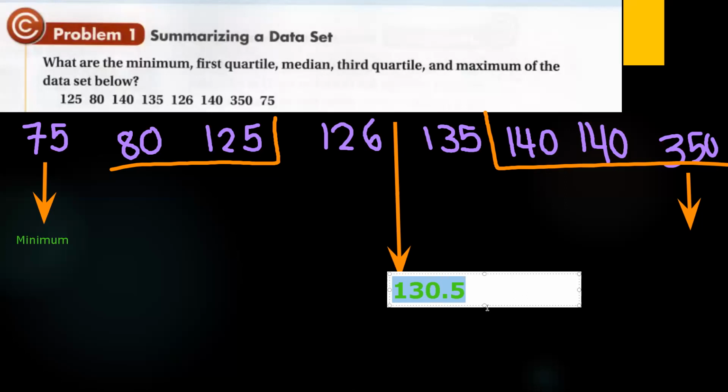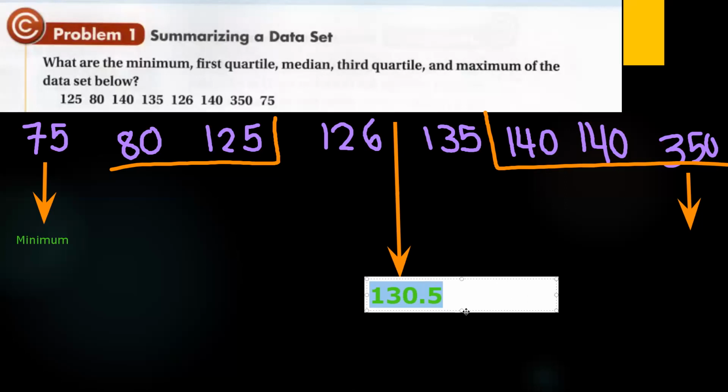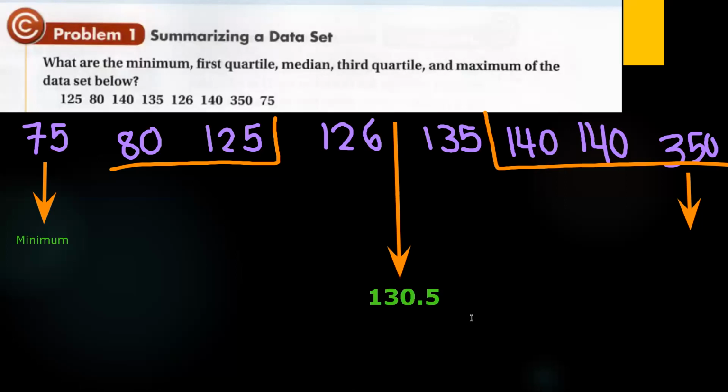So teacher, we add 126 and 135 and we divide them by 2, right? Yes, exactly. This is how to find the median. Okay, thank you. Now, all of these we know from before. We know how to find the median, and we know how to find the minimum and the maximum.